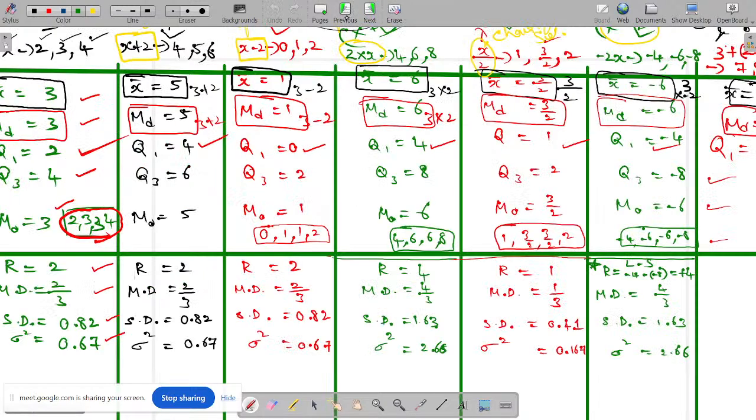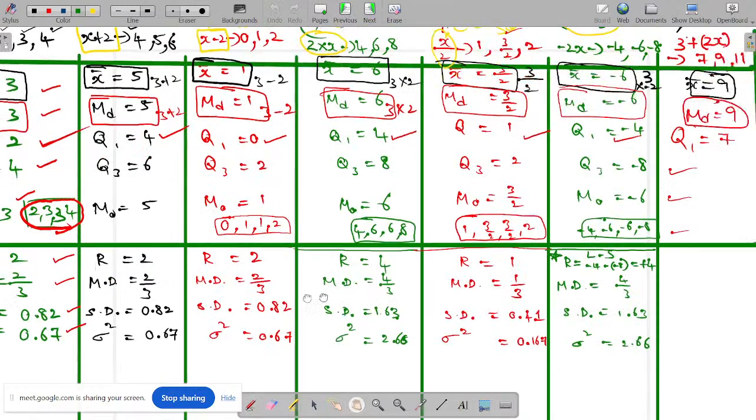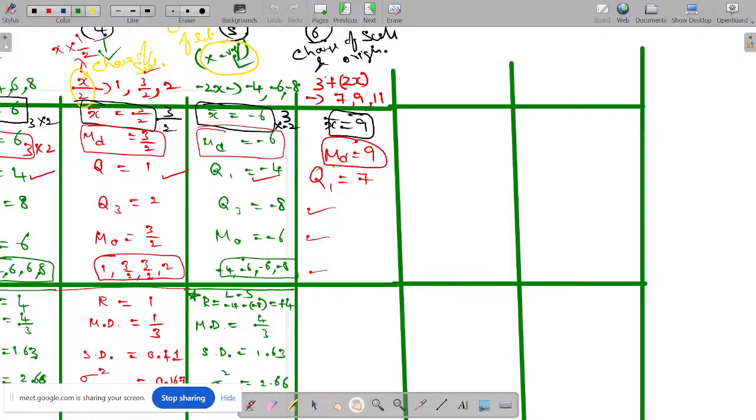Okay, now come to this page. Change of origin concept here and change of scale concept here. Does change of origin affect arithmetic mean? Yes, it affects, which means it changes the value. I'll put a tick mark.